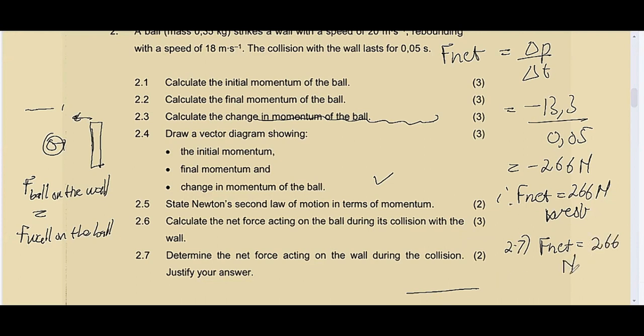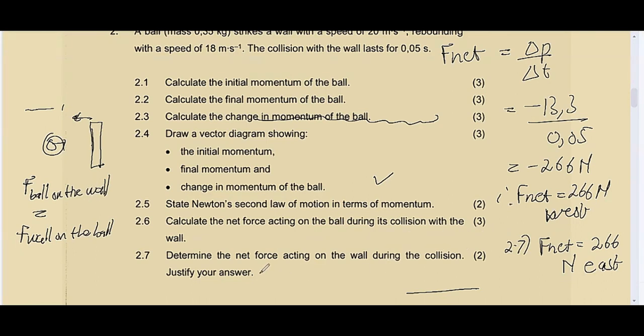But this time, which direction? East. So the wall exerts a force of 266 newtons in the western direction on the ball, but the ball exerts a force of 266 newtons in the eastern direction on the wall. That's how you go about it.